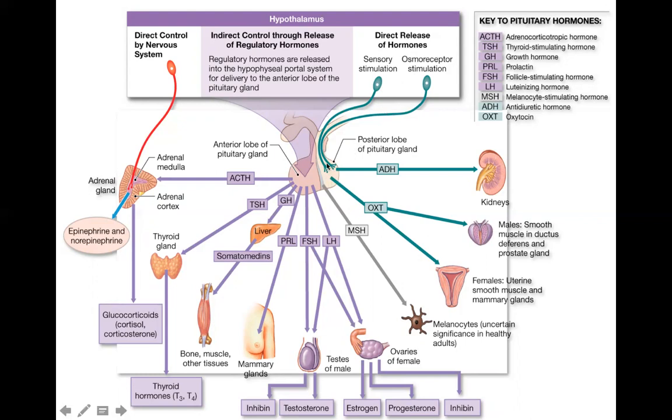What are those hormones produced by the hypothalamus which will be stored in the pars nervosa? We have the antidiuretic hormone, which will act on the kidneys, and oxytocin, which in males will act on the smooth muscle, the ductus deferens, and the prostate gland. While in females, as mentioned earlier, they will act on the uterine smooth muscle and mammary glands.